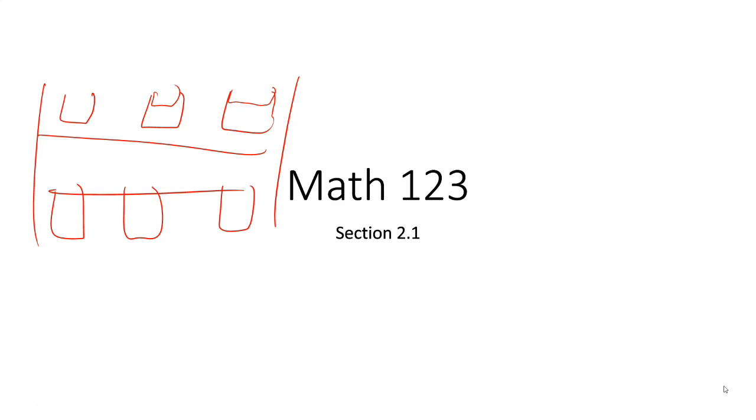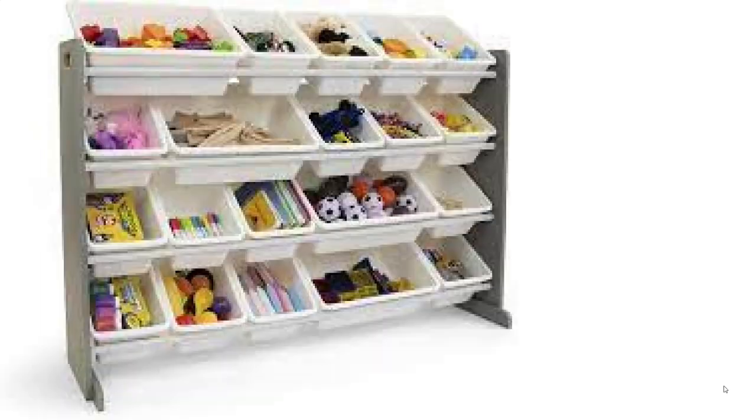What you would do is go around the room and pick up all of the Barbie dolls and put them in a bin. And then I go around the room and pick up all the Hot Wheels cars and put them in another bin. And then I pick up all the scissors, and then all the action figures and all the coloring books, and I put everything in a separate bin.